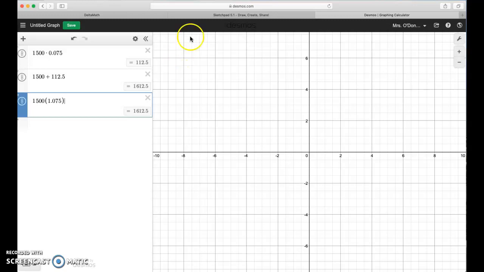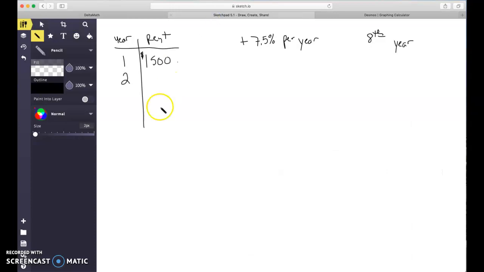So we know for year 2, we're going to end up with a rent that's $1,612.50. Let's see here, so we could fill in our table. That's $1,612.50. We could do year 3. Same deal.